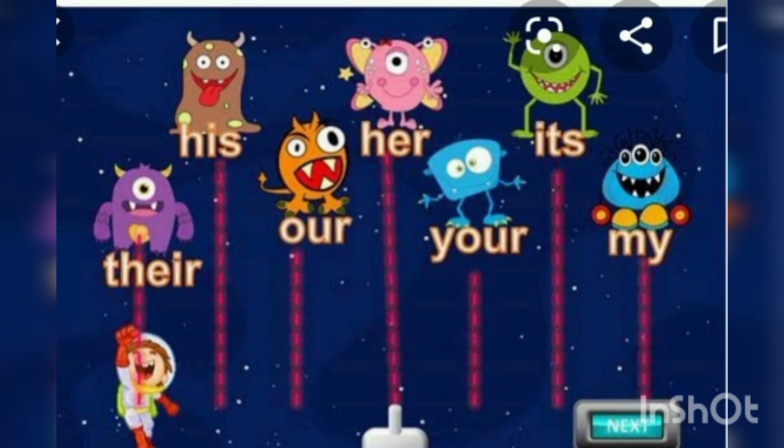This is her dress. The dress is possessed by her. Her, coming right in front of the noun dress, is serving as a possessive determiner.